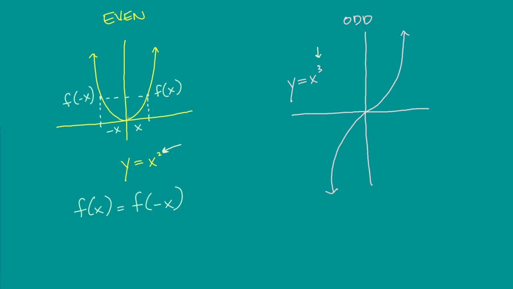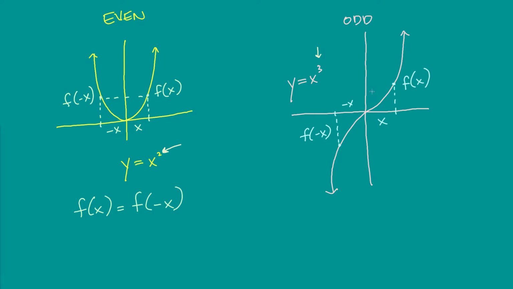All that means is that if I plug in an x value, you get a y, the negative x value will also give you the same thing. We'll look at a chart later to show that. The other way of doing this, if I had an odd function, if I went over a distance x and jumped up to my f of x, if I had instead gone back to negative x and I got an f of negative x, they're not the same anymore.